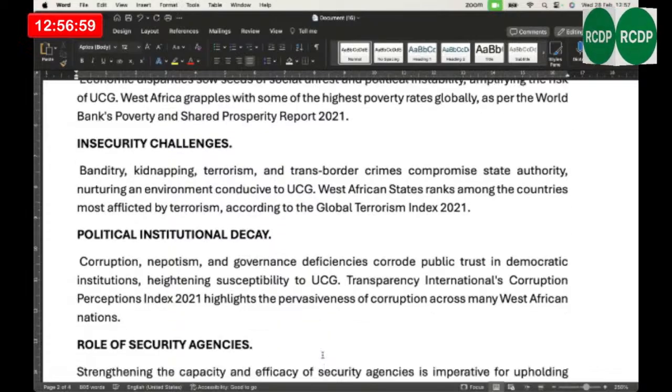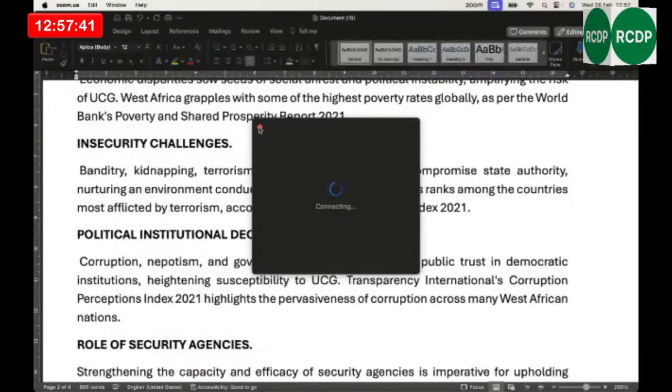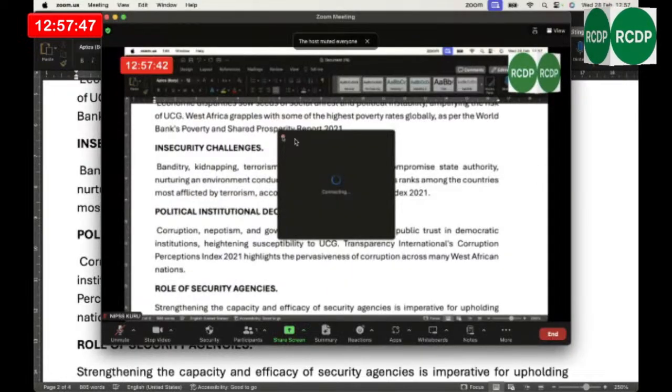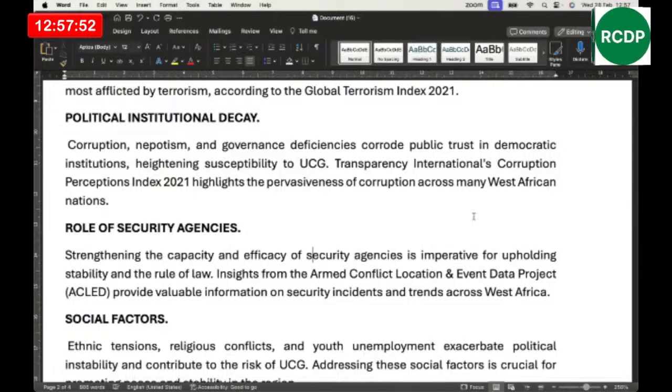Banditry, kidnapping, some of these things. There are corruption, nepotism, and governance deficiencies, which are corroding public trust in democratic institutions, sustaining the UCG. Transparency International's Corruption Perception Index for 2020 highlights the vastness of corruption across most West African countries.